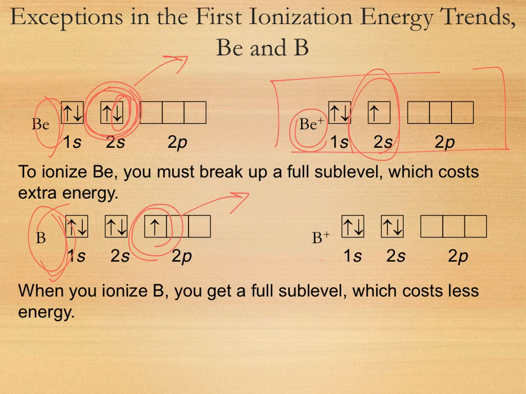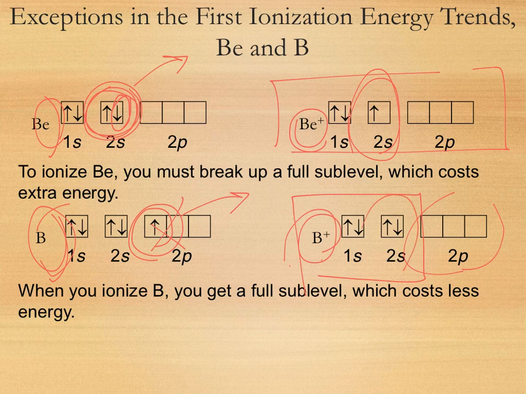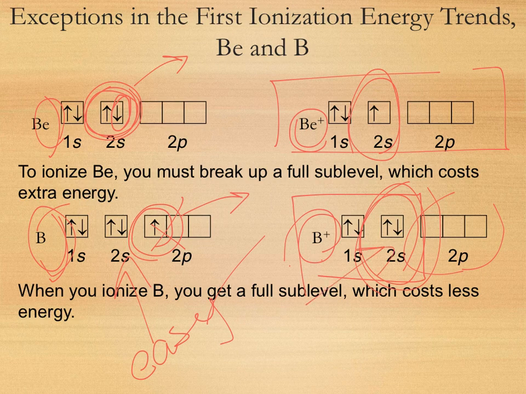By removing it, not only does boron not really care, because there was only one electron in that orbital, it's actually quite happy as a cation, because by removing the lone p electron, boron now ends with a completely full 2s sublevel, which is very stable for it. So it is very easy to ionize boron and all of the elements below it. It's unexpectedly easy because they end up with this full sublevel when you remove the electron. So that explains that anomaly.